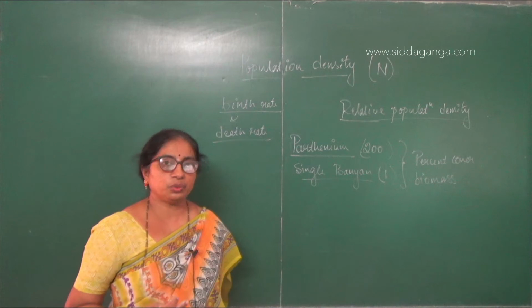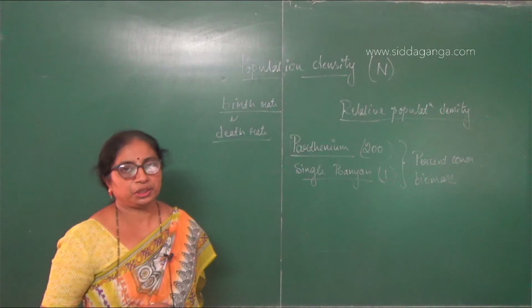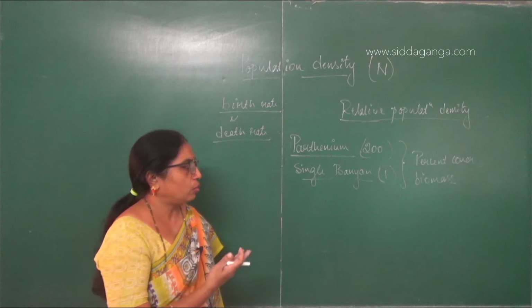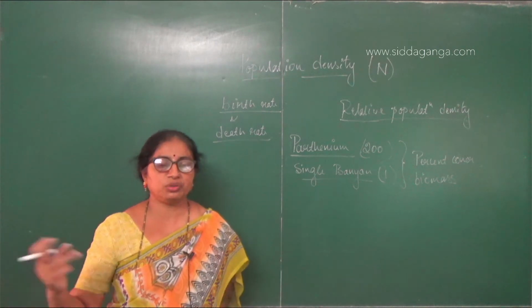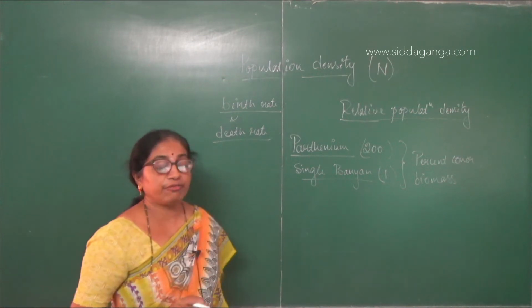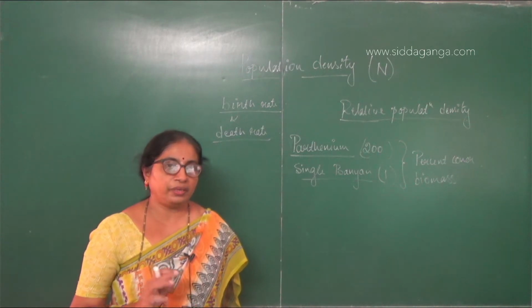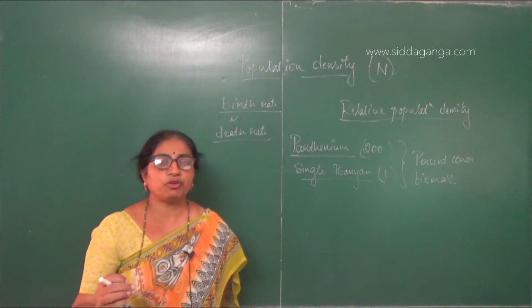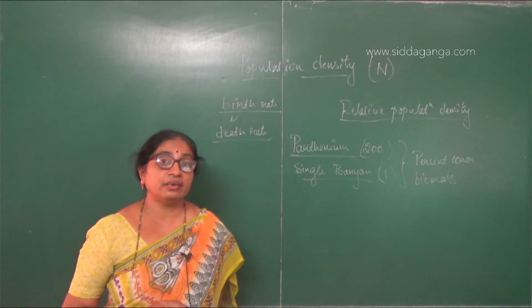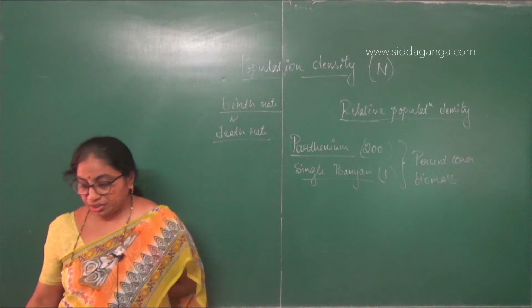So these are the various ways of measuring or calculating the population density, whichever population it may be, whether it is the human population, a fish population, the Parthenium population, the banyan tree population, or whatever population it is. All these different types of studies are made to calculate the population density of a particular population in a particular period of time and in a particular area or habitat. So that is about the population density.